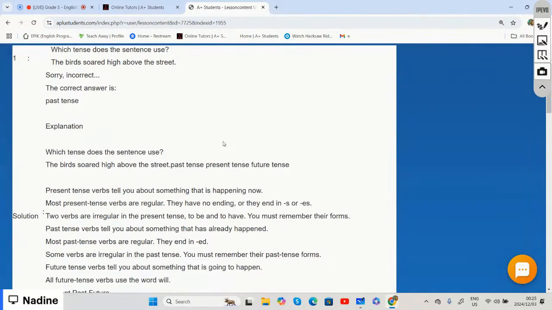We already went over what a regular present verb tense is, what a past verb tense is, as well as a future verb tense. So now we're going to look at our activities and then we are going to our tests.